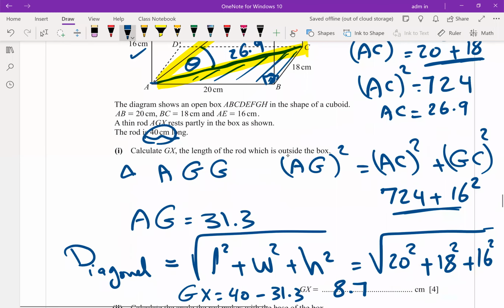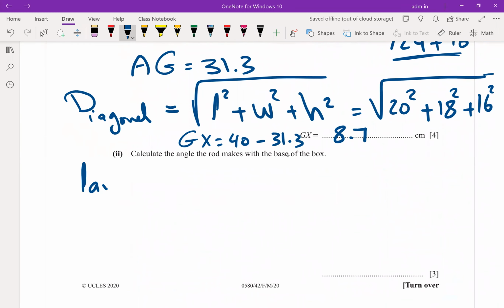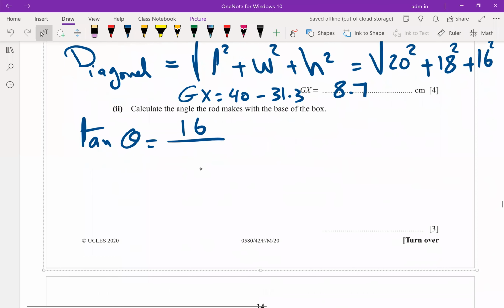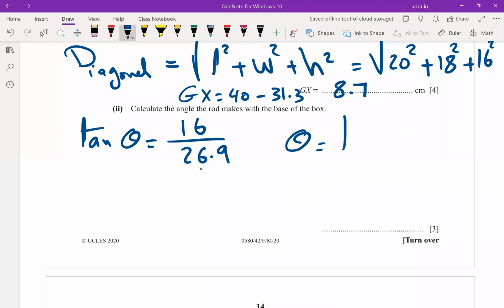If I use tan theta is equal to opposite, which is 16, over adjacent, 26.9. Shift tan or tan minus 1 of 16 over 26.9. What is the answer?